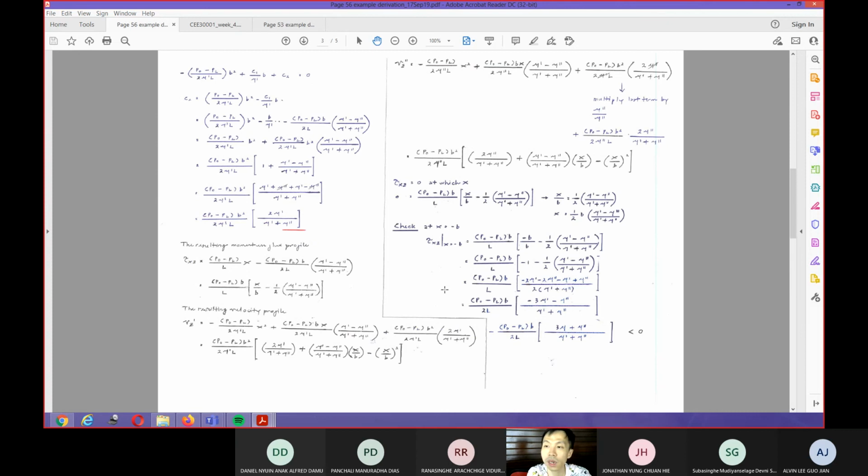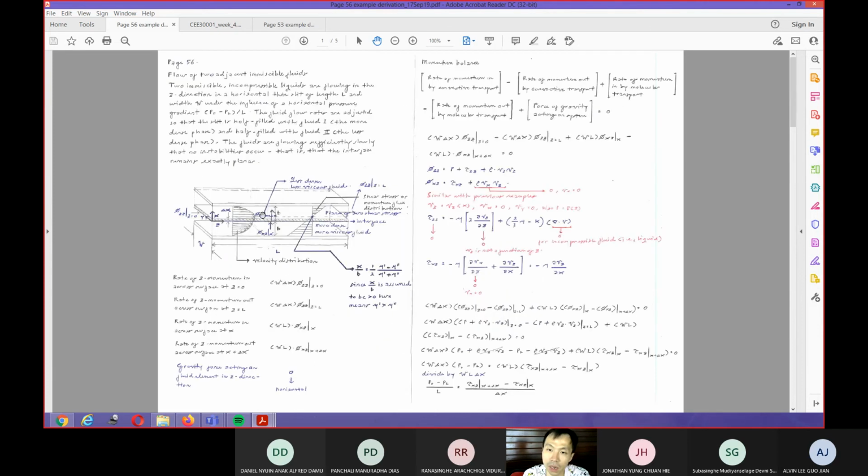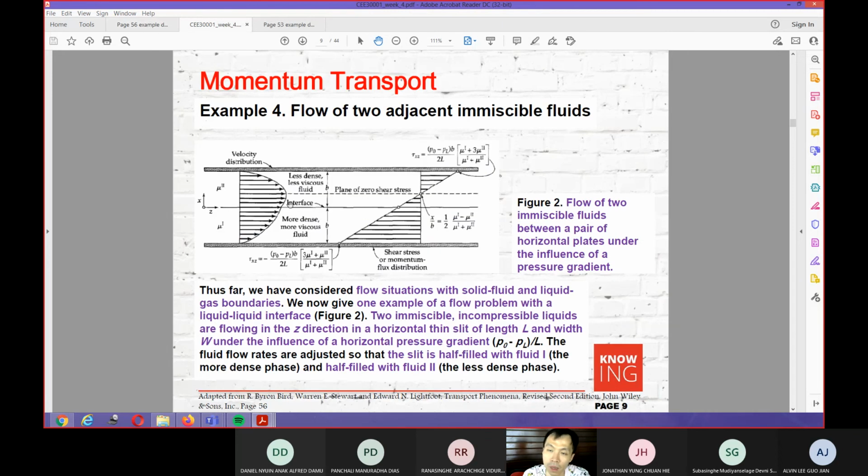And in the same token, you can see that this x will have a value that is above 0, because the viscosity of liquid phase 1 will be higher than the viscosity in liquid phase 2. That's why when they draw this particular profile, they show that the maximum velocity should be at a value above 0, basically, right?